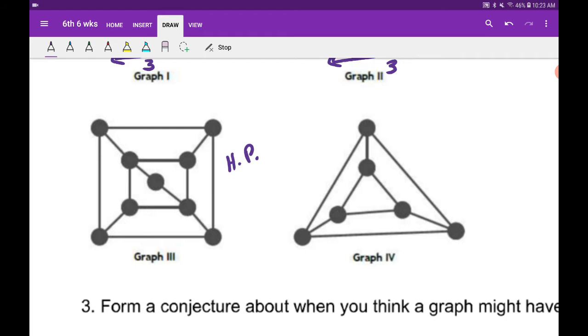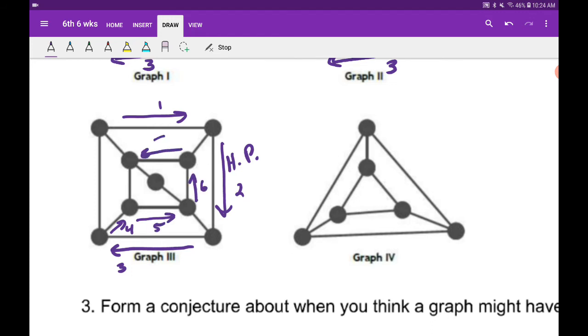Let's go this way: 1, 2, 3, coming here is 4, that way 5, 6, 7, 8, and that's it. I got all the vertices. Again, I started here and finished there. But trying to end up back where I started is tricky. You can't do it on this picture here.